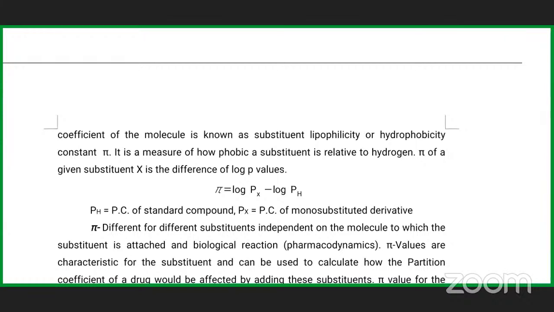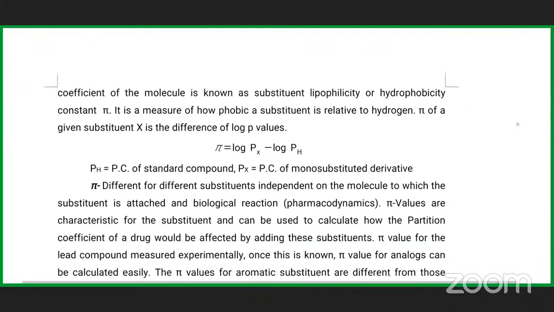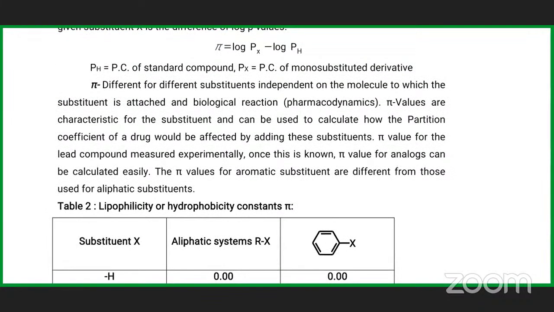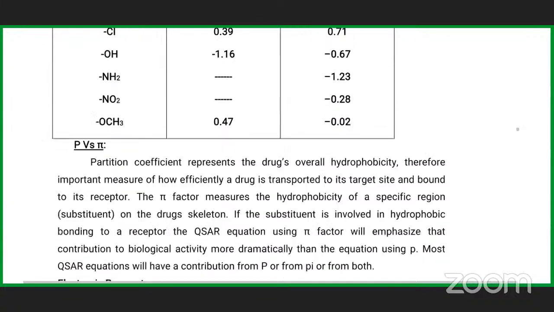Log Px is the log P value of the various groups, so it is given in this table. You pick up that, and you can get your required equation.